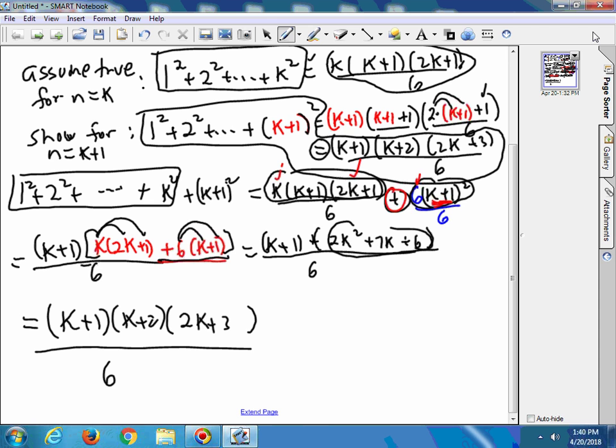And if you don't believe that, well, there's the 2k squared. Here's 3k plus 4 more k. That's 7k plus the 6. That's exactly what we were supposed to get.